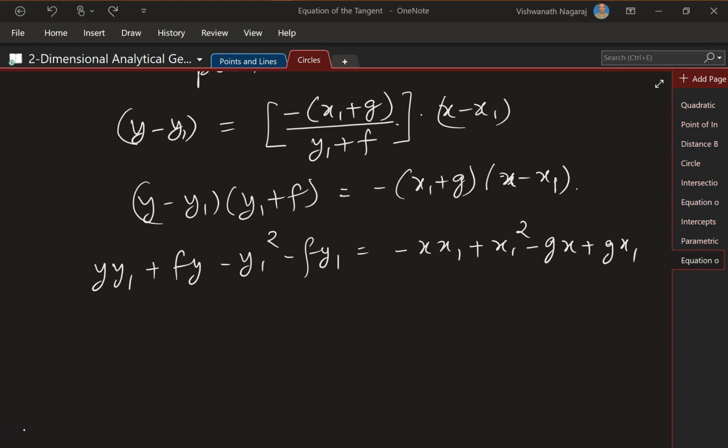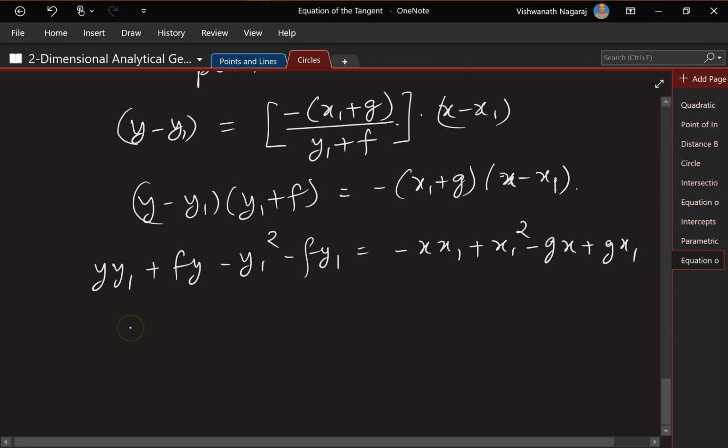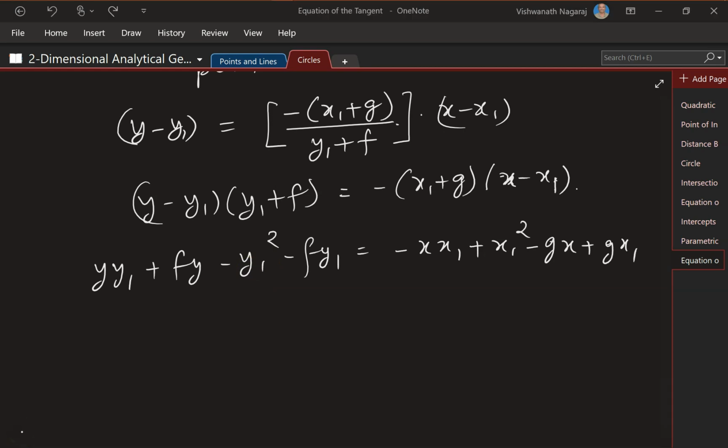Okay, so the idea is to get the equation of a circle. So let's bring in here y1 square, let's take it to the other side, and the negative ones, let's bring it to this side.